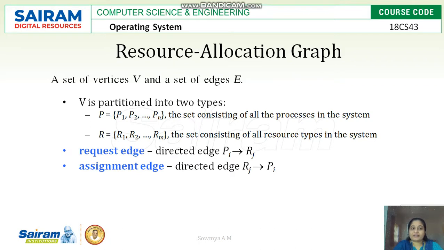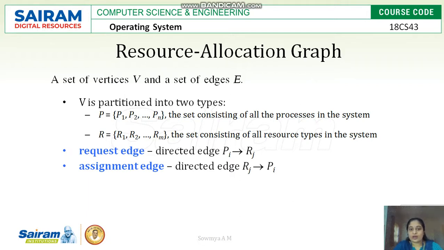Resource allocation graph is a graphical or pictorial representation of how the resources are allocated to the processes. We have resources and processes as the entities, and we have two types of edges, which mean requesting for a resource and allocating a resource. If there is an edge directed from process to resource, it means requesting for the resource.